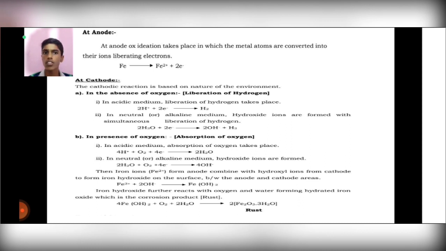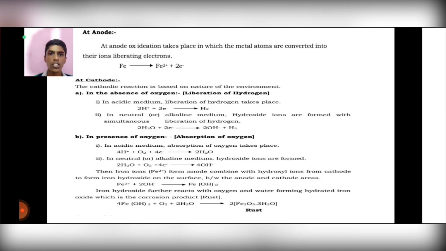In the absence of oxygen, in acidic medium, liberation of hydrogen takes place: 2H+ plus 2 electrons gives H2. In neutral and alkaline medium, hydroxide ions are formed with liberation of hydrogen: 2H2O plus 2 electrons gives 2OH- plus H2.